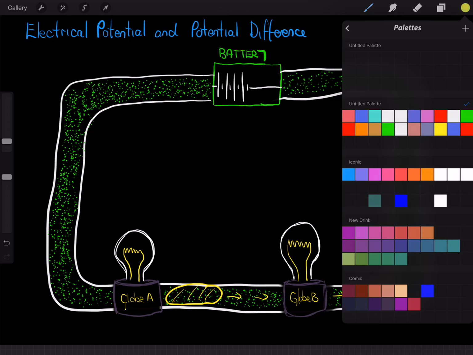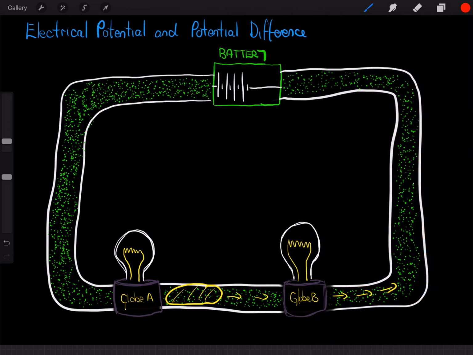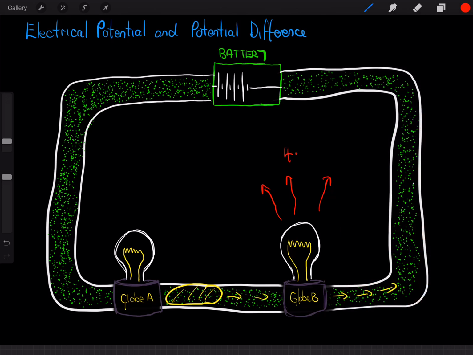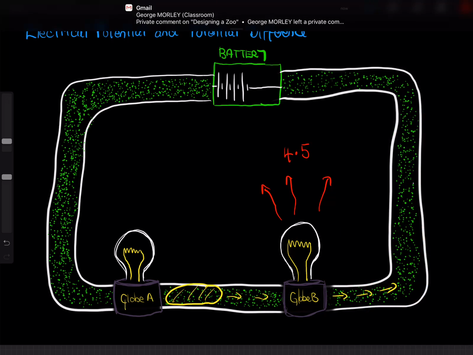And if it too glows and releases heat and light, and it's the same as the other globe, then for each Coulomb of charge that passes through, it will convert 4.5 joules of electrical potential energy into heat and light.